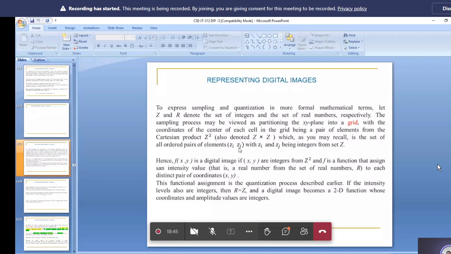And f is a function that assigns an intensity value, that is a real number from the set of real numbers.